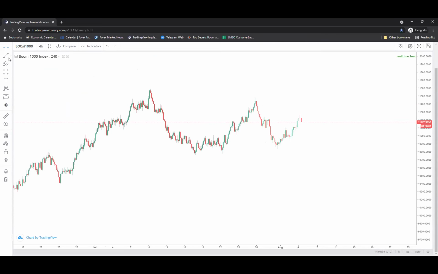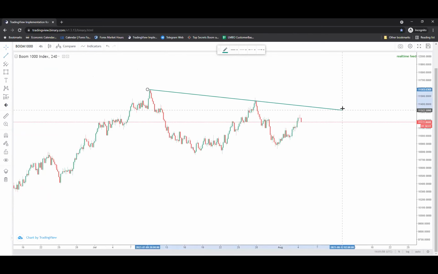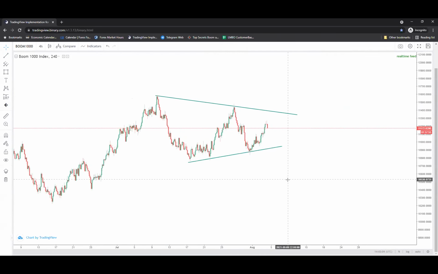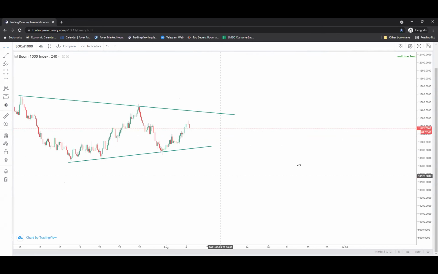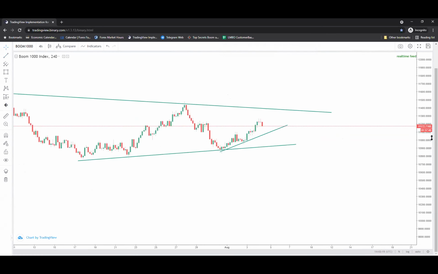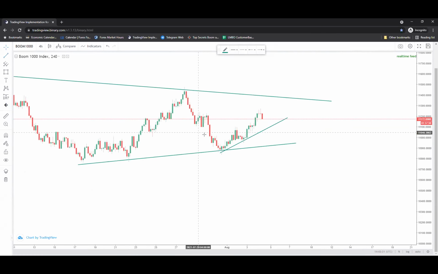So on the 4 hour, now that we know that the market is rejecting, correct? What do we need to do? We need to confirm whether this is a pullback or the continuation is going to happen again. What do you need? The confirmation. The confirmation comes here on the 4 hour.